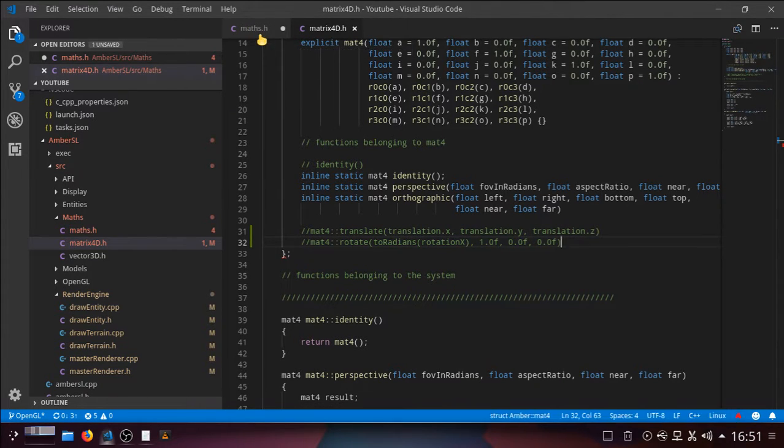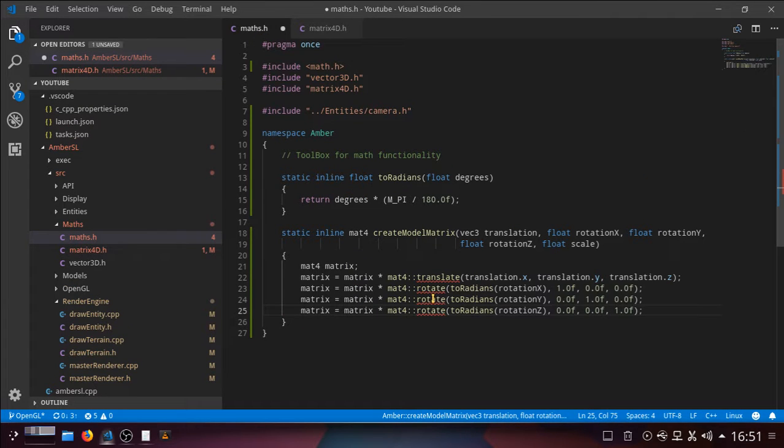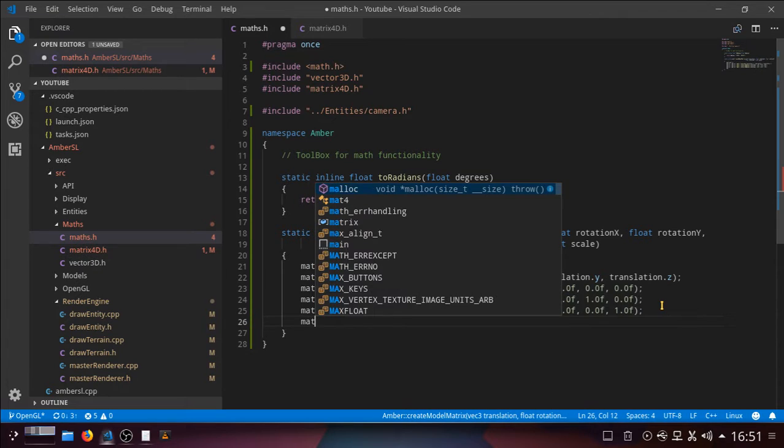Alrighty. So that's 2 things we've got to do. So there's our rotates. And what did I say we needed to do first, which is obviously now last, scale. This is actually pretty easy.